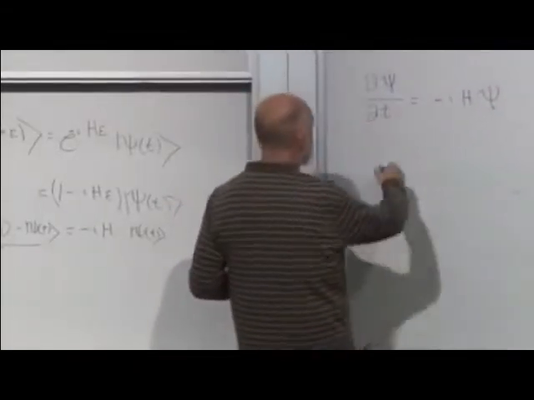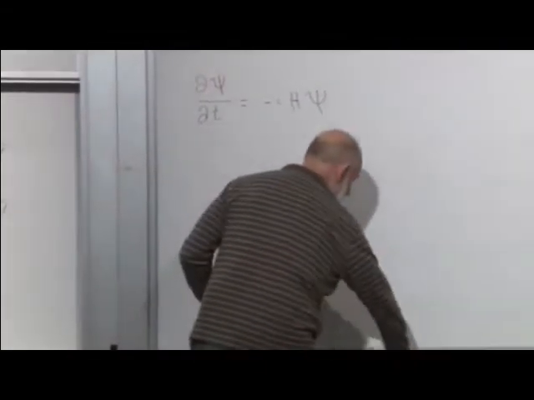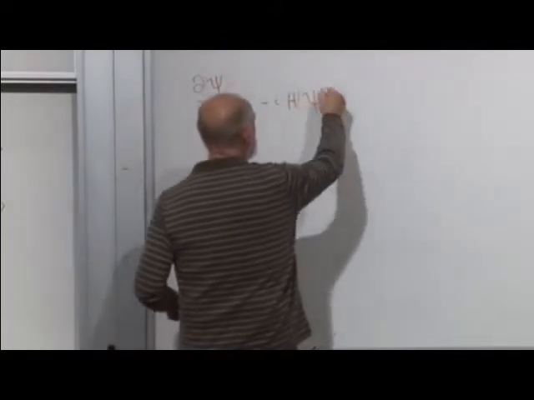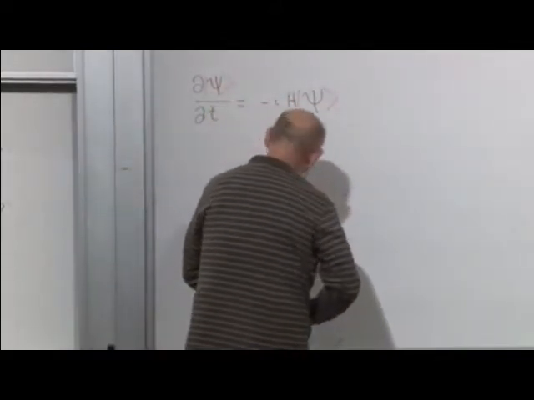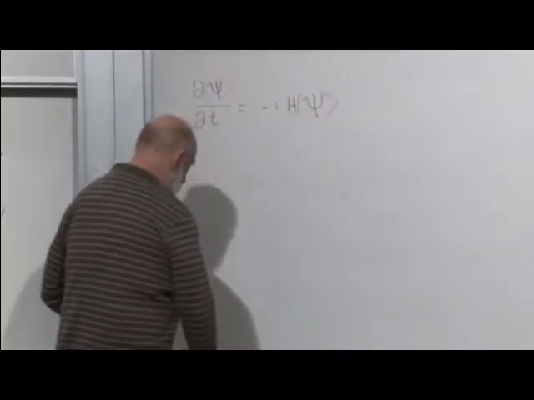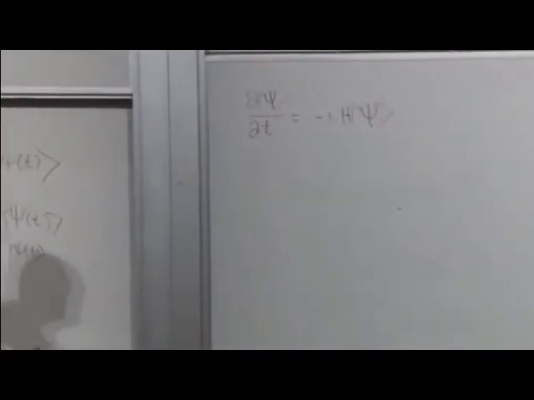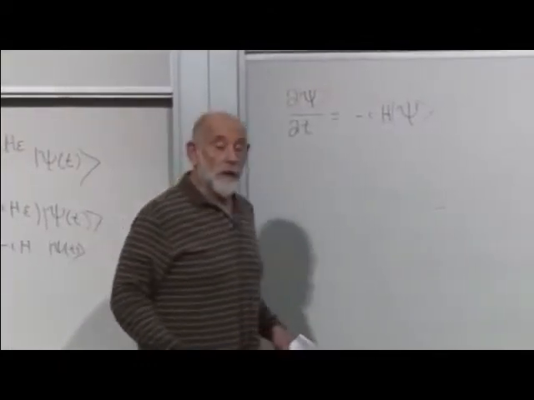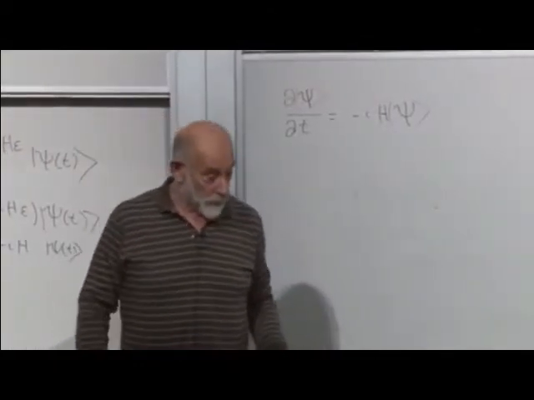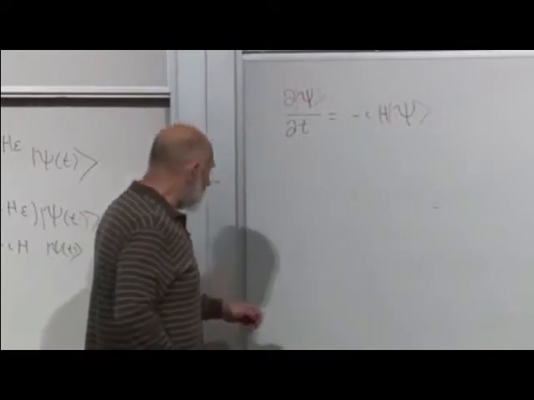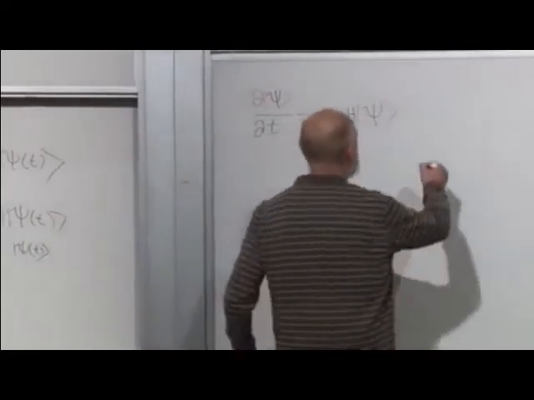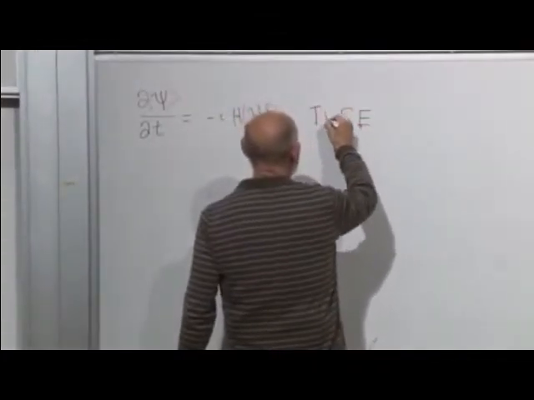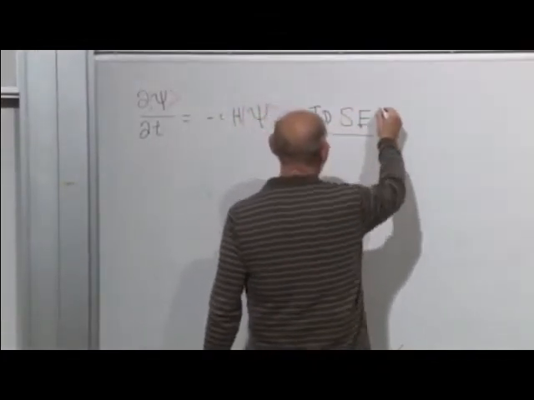If you want to turn it into an equation for a state vector, you put ket notations there. Otherwise, it's just the equation for a wave function. This is the Schrodinger equation, the time-dependent Schrodinger equation, the TDSE.